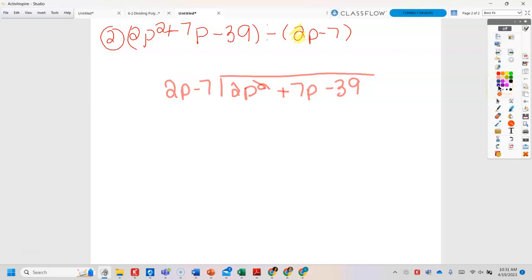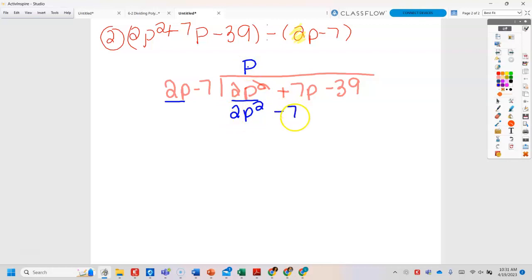As you work through your long division problem, you say, what do I have to multiply the first term outside by to get the first term inside? Both already have 2's, both already have a p, so I need a single variable p to get it to p squared. So 2p times p is 2p squared.